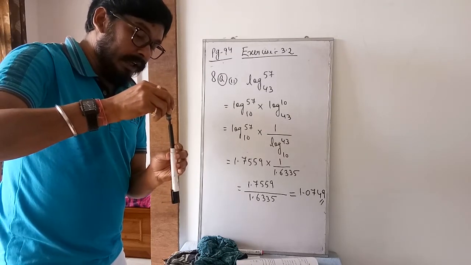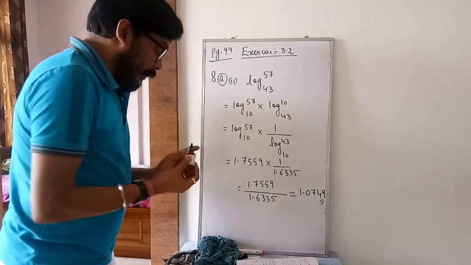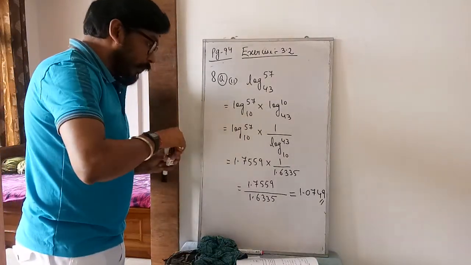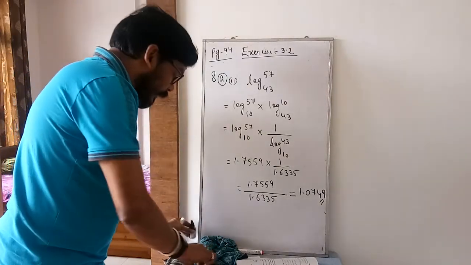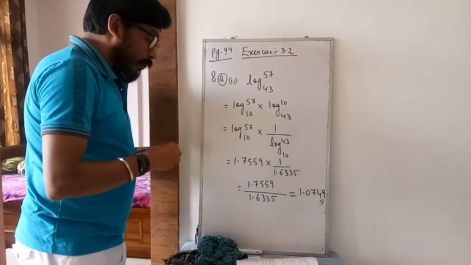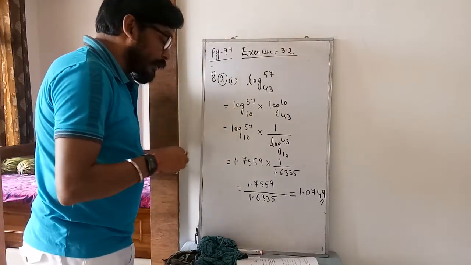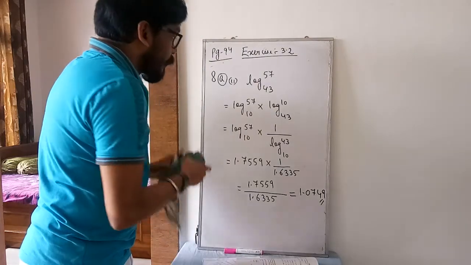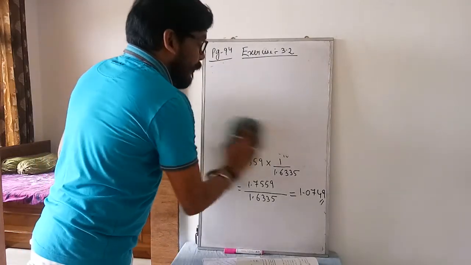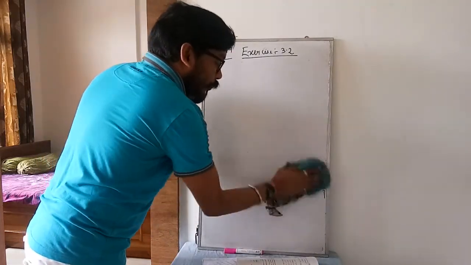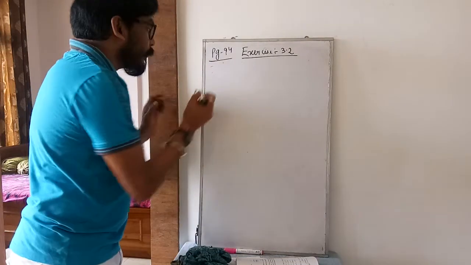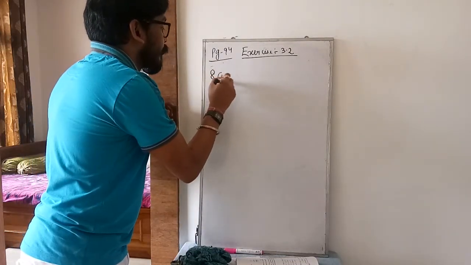You can't take the help of the log table now. The values which are provided to you, by those values only you have to solve the sum. So log 165 is 2.2175.